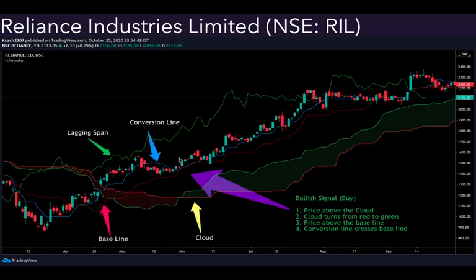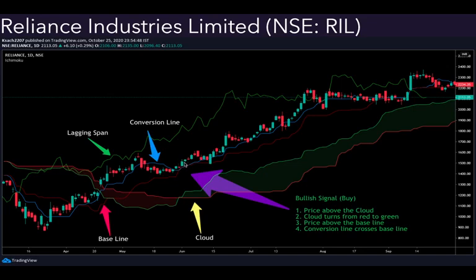The price of the stock is trading above the baseline, right? The lagging span is above the stock price, right? And if you look more closely, the conversion line has just crossed the baseline. So this is a very good point to enter a stock with a bullish signal.